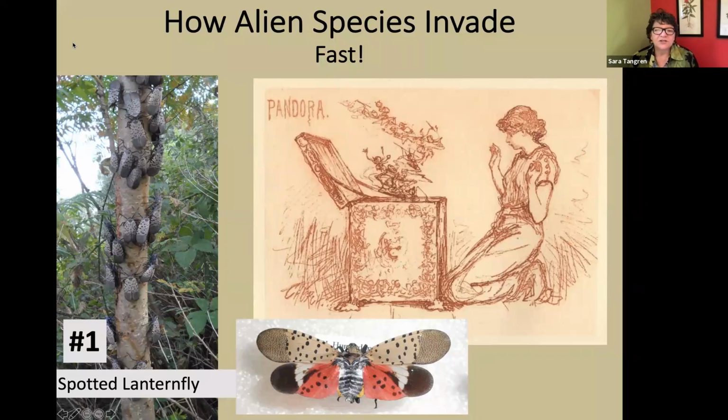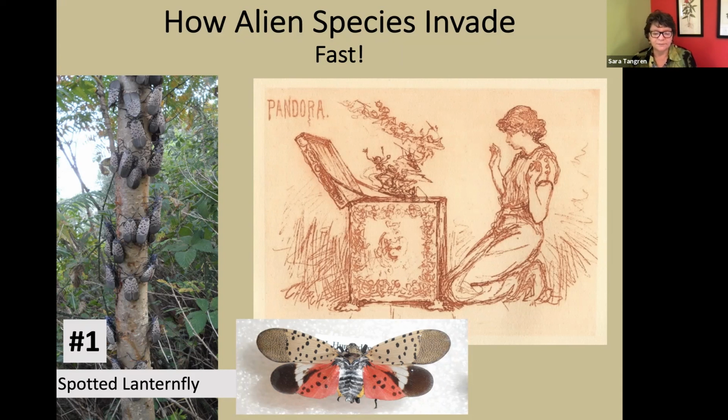Another really strange thing, and it took us a little while to figure this out, is that some alien species that are going to be invasive are invasive right out of the box. It literally reminds you of the story of Pandora's box. She opens it and the plague and the pestilence come, bam, right out of the gate. A good example of an alien species that is invading very quickly is spotted lanternfly. It was only a few years ago that this insect was imported from China on some stone tiles in a quarry in Pennsylvania.